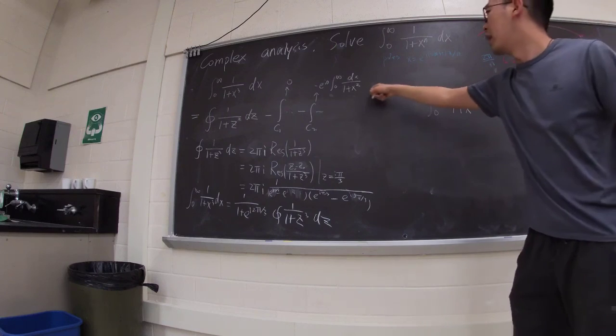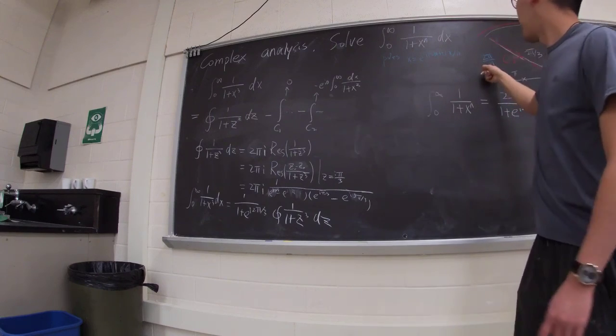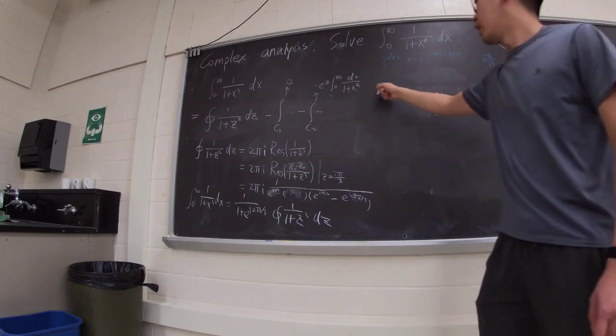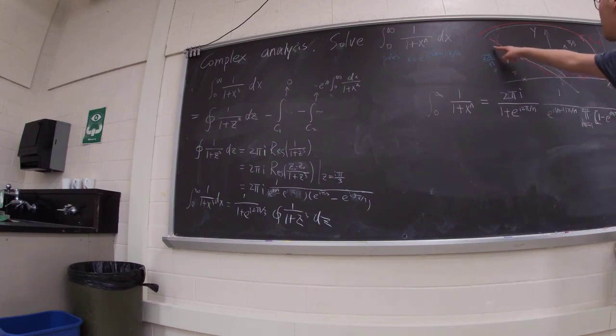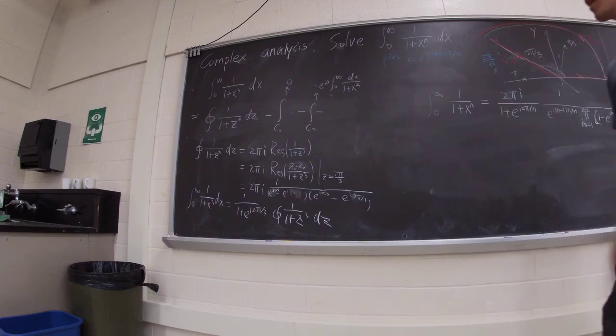Because you multiply by n, divided by n here, then it will be 1, and you end up left with e to the i theta, and then this and this will be off by negative e to the i theta. Then you can solve the whole equation using the residue theorem.